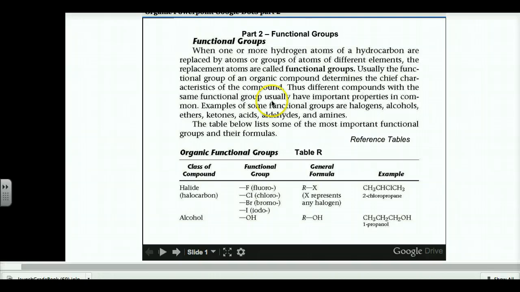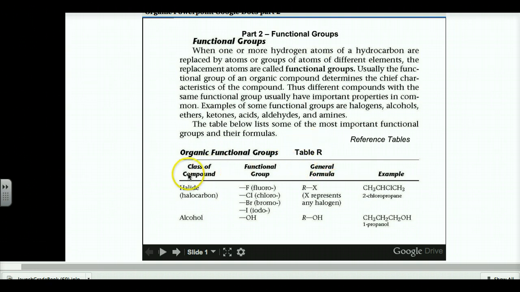Okay, so in any case, functional groups, as I talked about today, are nothing more than an arrangement of hydrocarbons that have some unique type of functional group, or types of atoms in a certain arrangement, attached to the carbon chain that gives them unique properties. Okay, and Table R is basically what I'm giving you here in this worksheet.